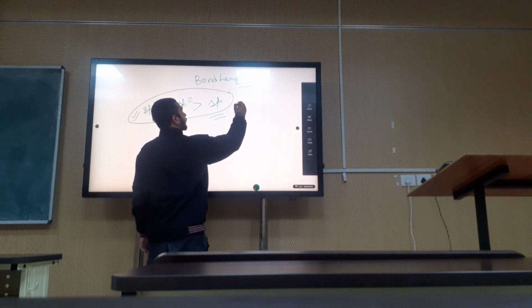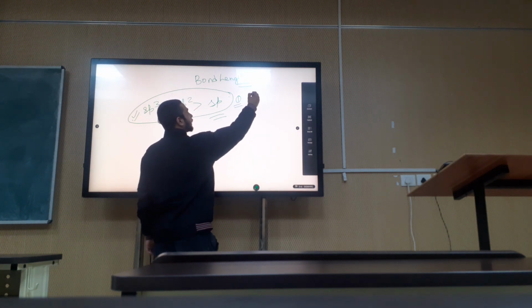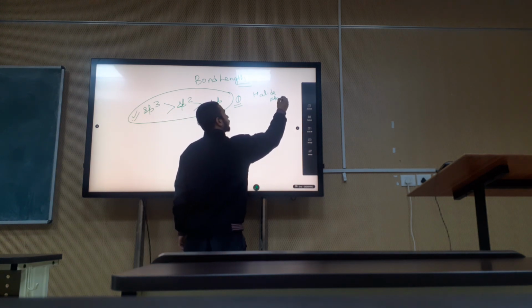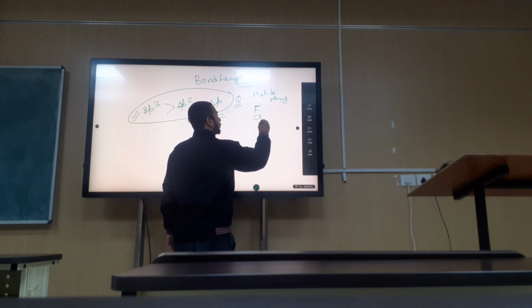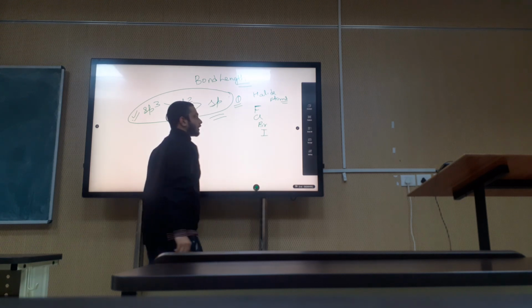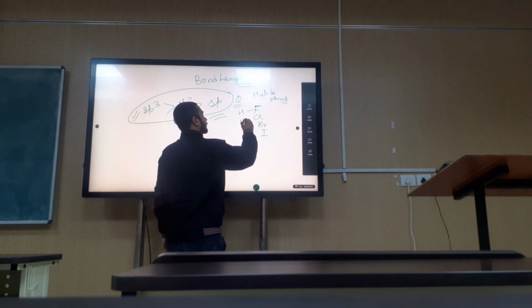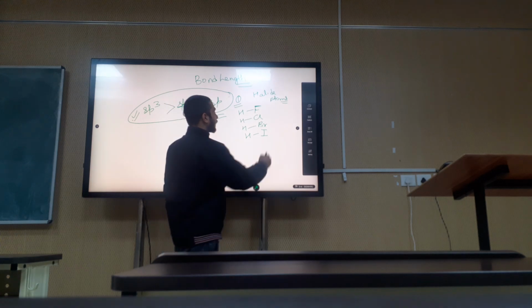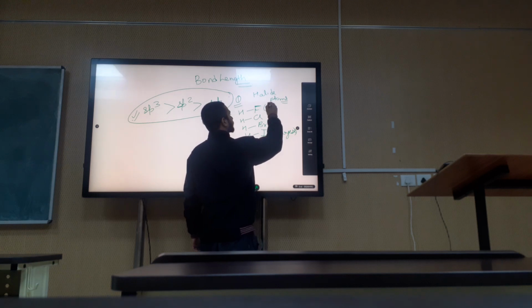Okay, so for example, we saw there are halide atoms, which are fluorine, chlorine, bromine and iodine. So these are 4 halide atoms, and they form HCl, HBr, HI. This one has the largest size and this has the smallest size.